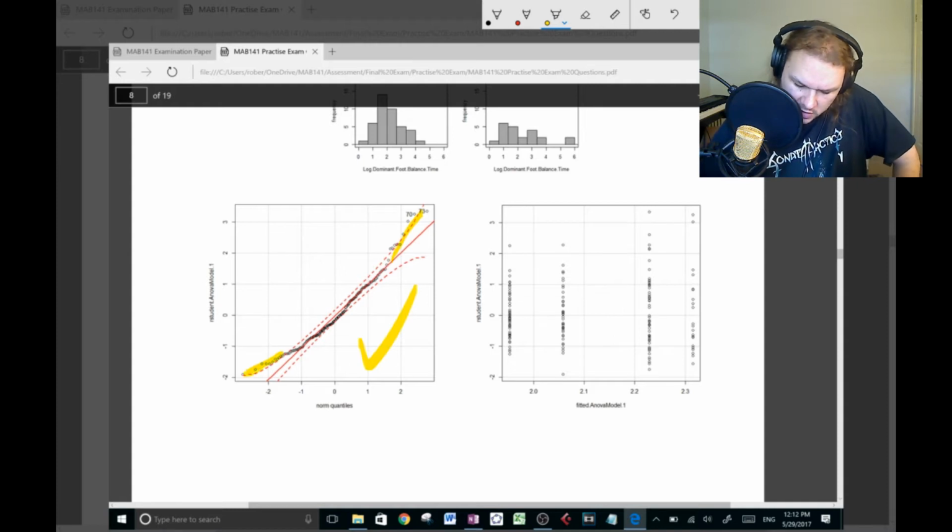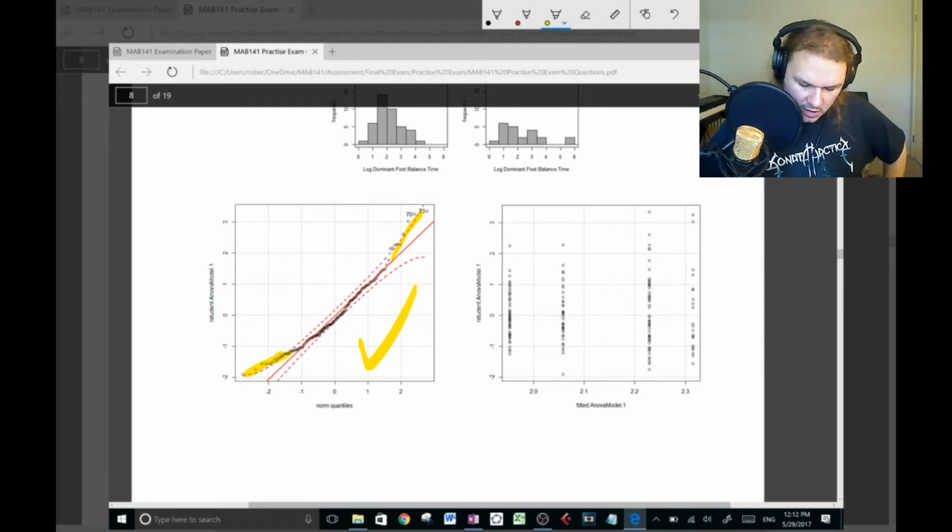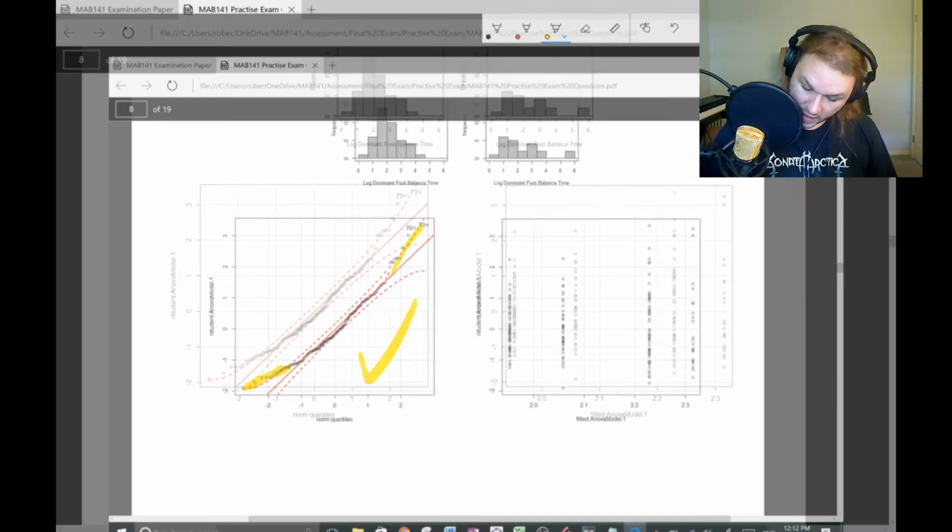Some of these lower values are a bit high, but you're actually quite often going to get that with a balance test because you can't have a negative balance time. You have a minimum 0 value, so you can expect some of those lower values being a little bit higher than what they theoretically could be for perfectly normal data. So I would say that's fine with the normal test. That's probably about 5% of observations that lie outside the band, which is what you'd expect anyway. So I'm calling that okay.